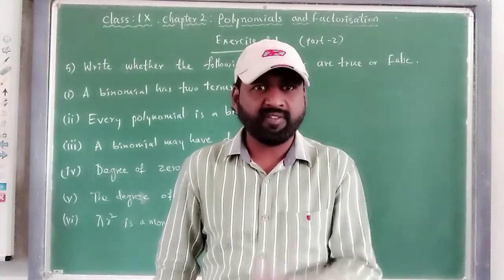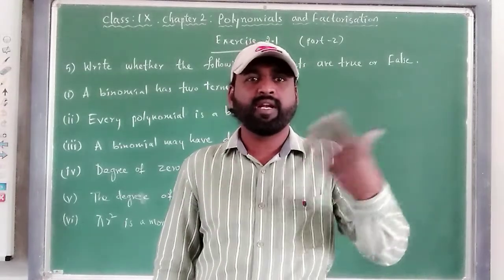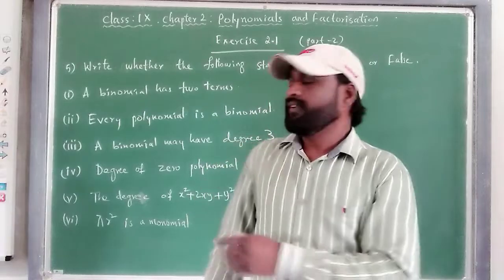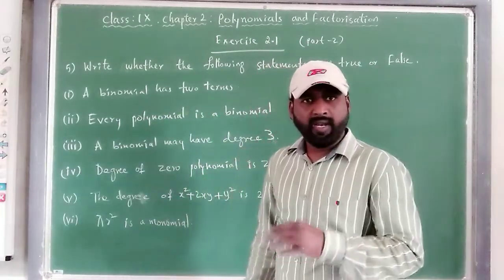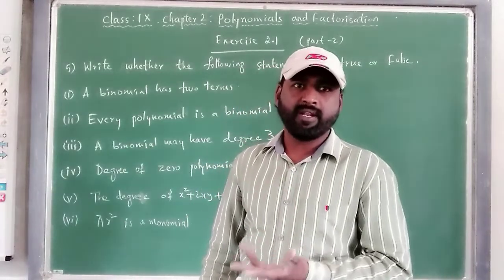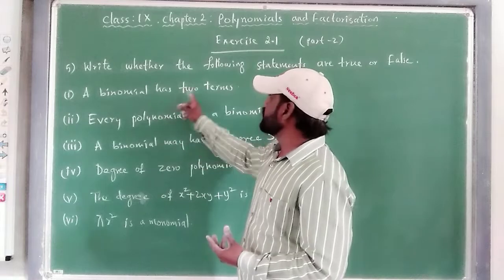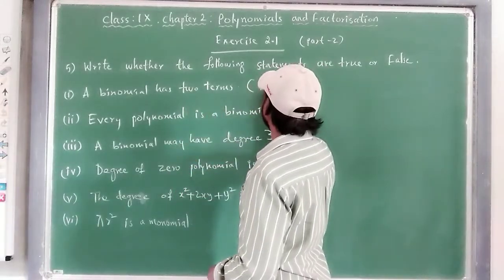Based on the number of terms only. The polynomial which has two terms in it, then only we call it a binomial. So, a binomial has two terms is a correct statement. So, it is a true statement.